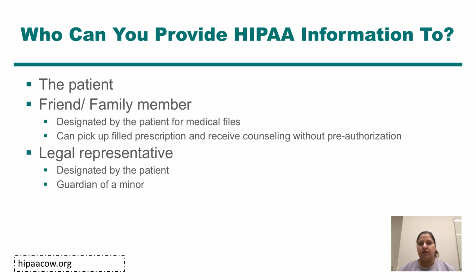And that's more for medication records, health records, things like that. The patient can also have a legal representative who also should be pre-authorized by the patient, unless, of course, they are under the age of 18 and this is their legal guardian, who is considered pre-authorized because they are a minor and they cannot give the pre-authorization.